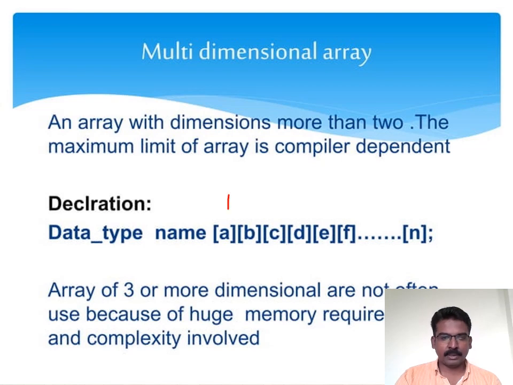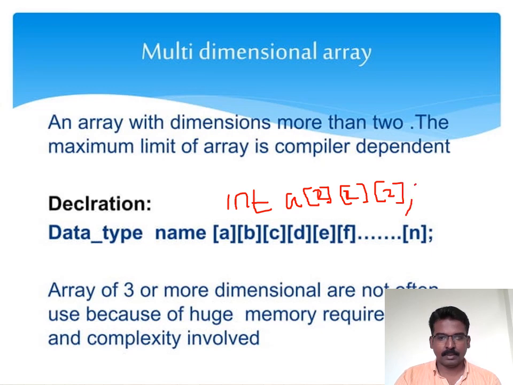Let me give an example. A multi-dimensional array will be like this: an array named A1, let's take 2, 2, 2.